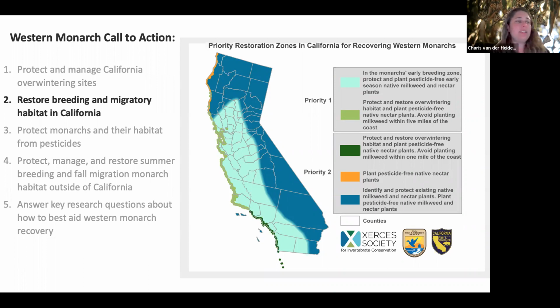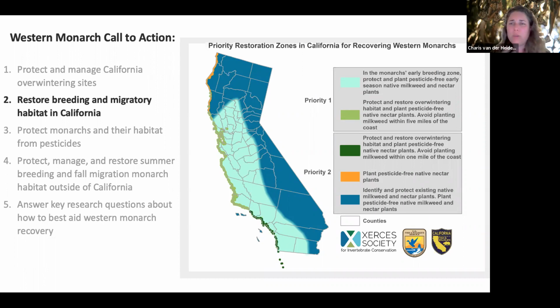Essentially, we don't want fields of milkweed close to overwintering sites, but I think a few milkweed plants in your Santa Barbara garden or in your school is just fine, because I think that personal connection to the milkweed and the monarchs and the eggs and the caterpillars, and watching that process, is important for us to connect to it, for our kids to see, for education.